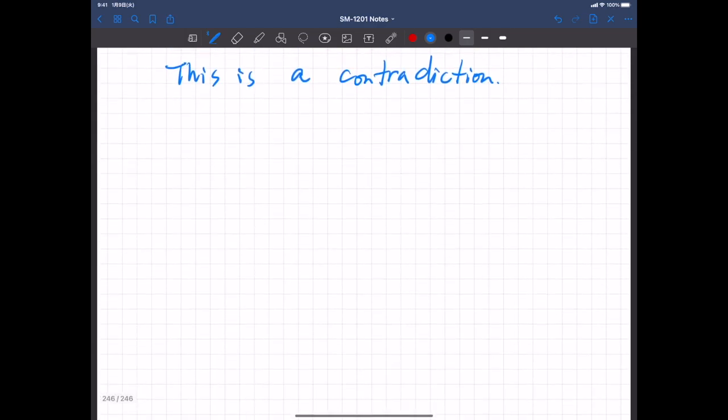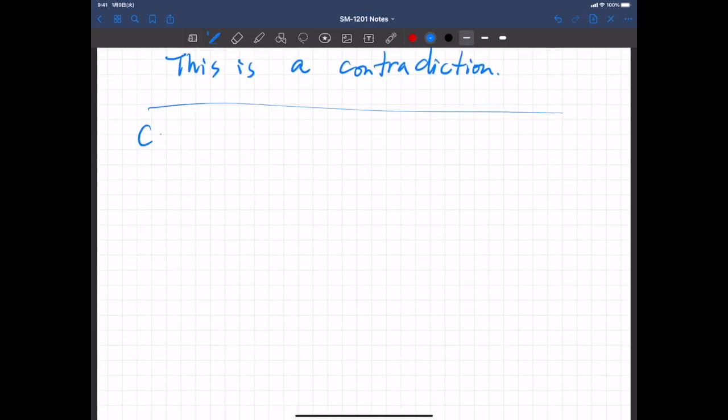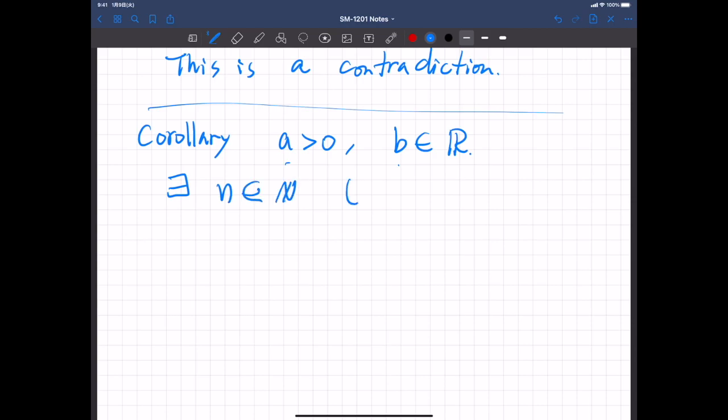And here is a very trivial corollary. For any positive real number A and any real number B, there exists a natural number n such that A is greater than B over n. This is just the same as the previous lemma, the Archimedes Principle, but we just divided both sides by n.